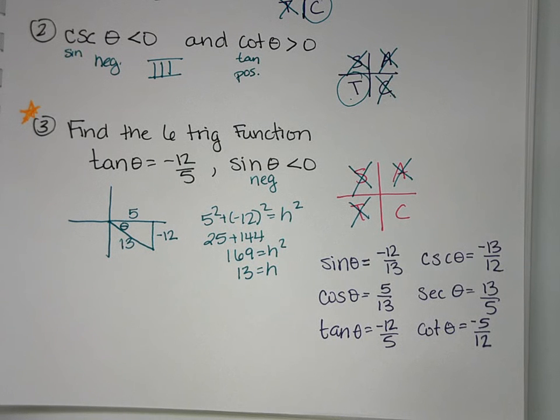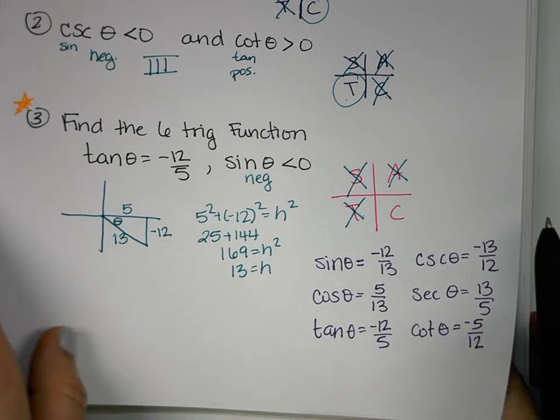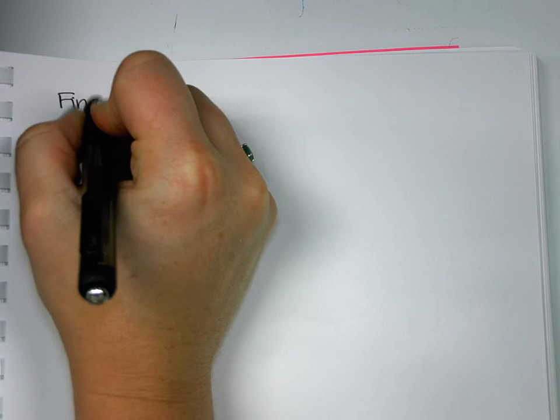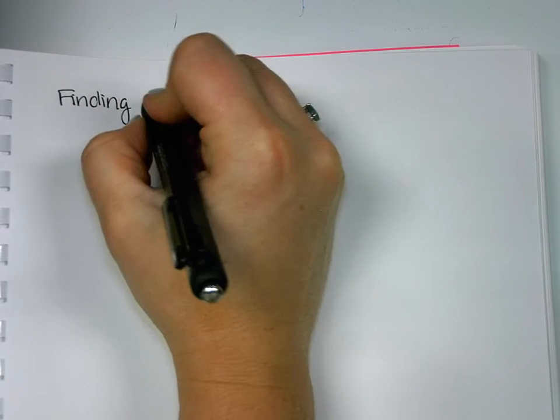Okay, so I have 2 more examples I want to go over. And it, again, kind of uses our quadrant constraints still. And these are ones that are similar to test questions. So what we're going to be looking to do on these last 2 is we're going to be finding the missing angle.